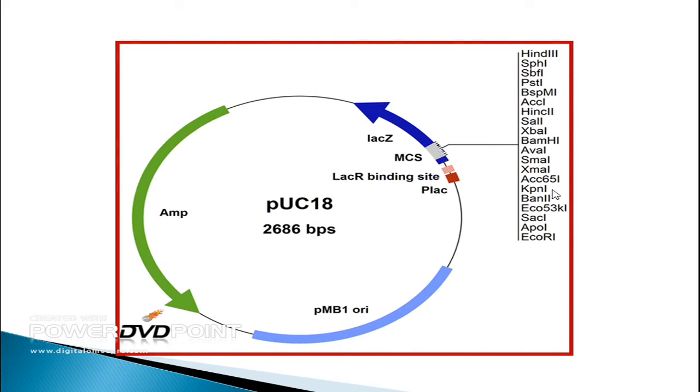Now if we take another DNA fragment in which EcoR1 sites are not present, but it has HindIII restriction sites, we can cut that foreign DNA with HindIII enzyme and this MCS region with HindIII enzyme, and we can insert that foreign DNA also. So it gives flexibility in the choice of restriction enzymes for the cloning experiment.